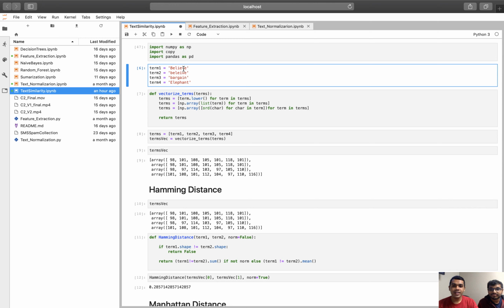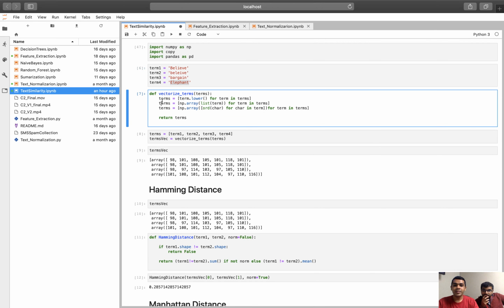As you can see, these three strings have the same length, and the fourth one, elephant, does not. And this is normal vectorizing stuff. You can vectorize however you need, it's left to you. Here I'm vectorizing them with their ASCII values. As you can see, the outputs are the ASCII values of each character.